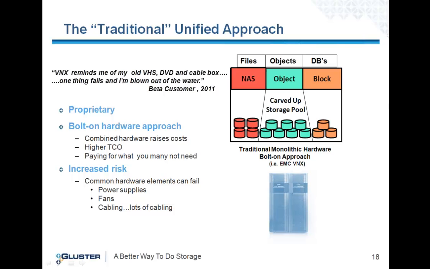They call it the VNX, doing quite well for EMC from a hardware perspective, and EMC customers like it because it provides consolidation of storage environments. So it's much more cost effective.